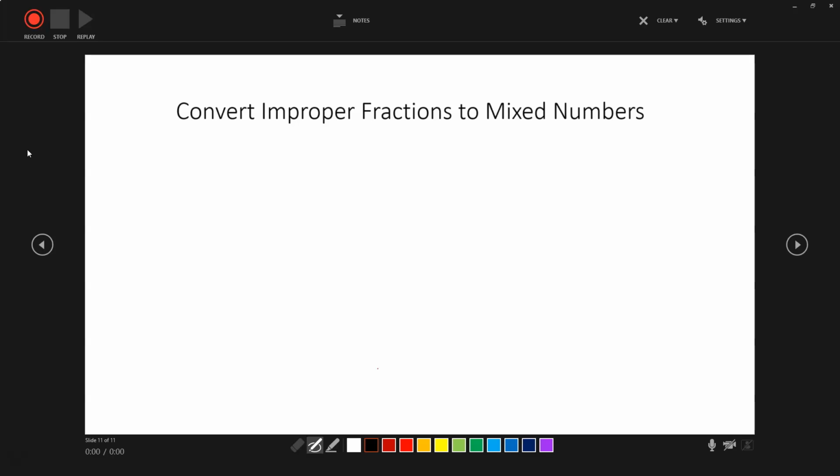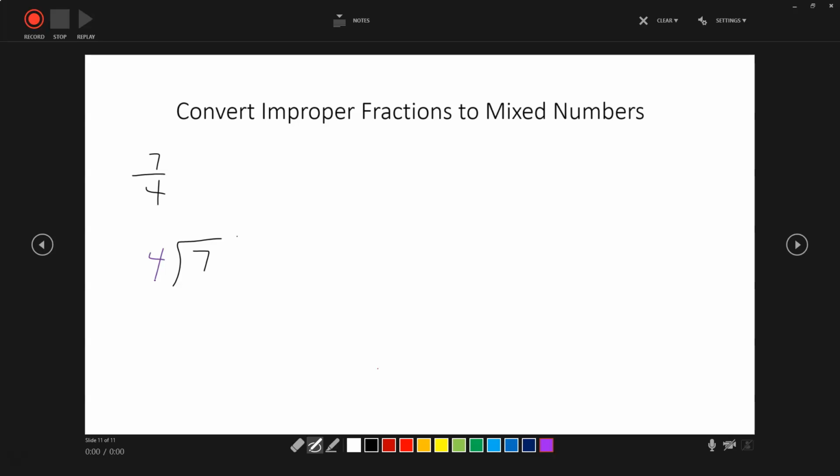Okay, so let's try it out here. 7/4. Like I said, we just divide the top number by the bottom number. So we have 7 there, and let's divide it. All right, there's our denominator.